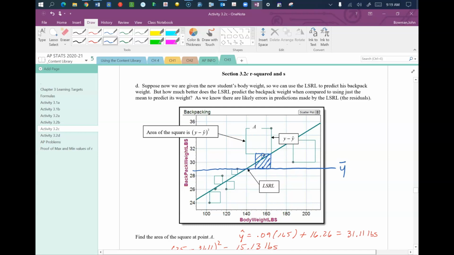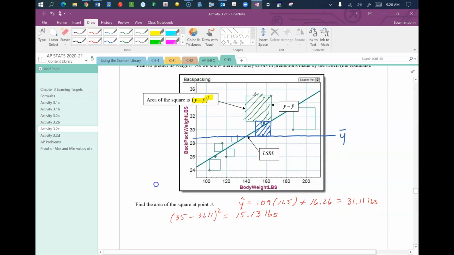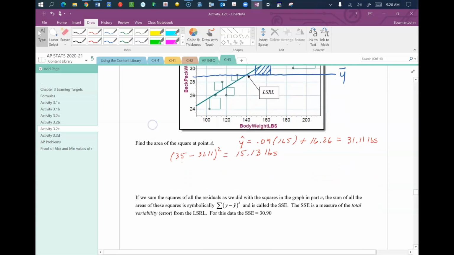What we're now going to find is the area of all these green squares, which is the portion of the deviation from Y bar that cannot be predicted by the line of best fit. To find that, we find the residuals. We take the actual y value minus the predicted y value, square those, and then add all of those up. In this particular example, we get what is called the sum of the squared errors, which turns out to be 30.9.